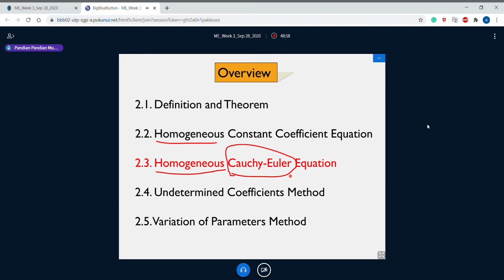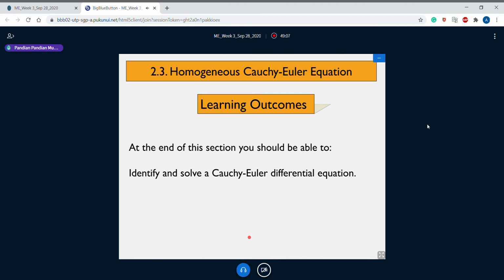So what is this Cauchy-Euler equation? How does it look like? This is very important, class, because you want to know how this equation looks like. By the end of this session, you must identify and solve Cauchy-Euler differential equations.